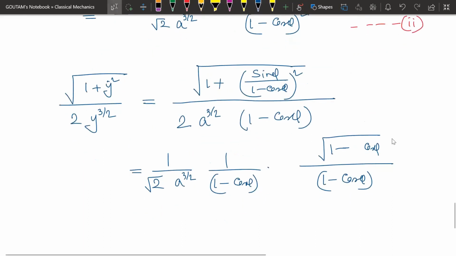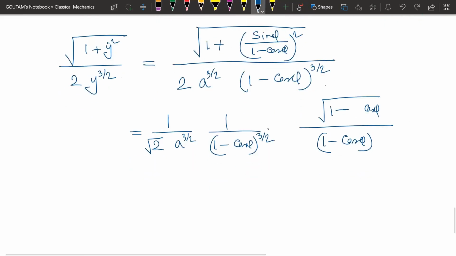And here, I made a mistake. So this y to the power 3 by 2, in that case, this a to the power 3 by 2 times 1 minus cos phi to the power 3 by 2. There is 3 by 2 here, because for y to the power 3 by 2, I wrote a to the power 3 by 2. So y means a times 1 minus cos phi, so both have a power of 3 by 2.